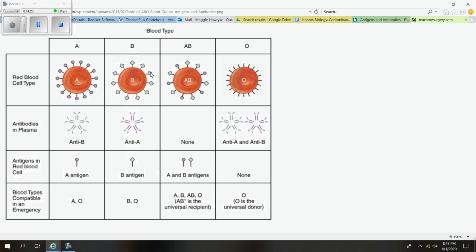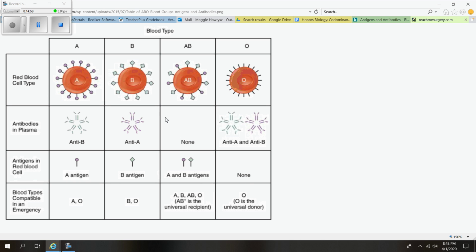The surface antigens interact with the antibodies present in blood type A, and these anti-B antibodies fit the shape of the antigens on the surface of the B red blood cell. That means there's some type of clumping that takes place, what we call agglutination. That clumping causes the blood to clot, and that's not necessarily going to be a good thing for an individual.